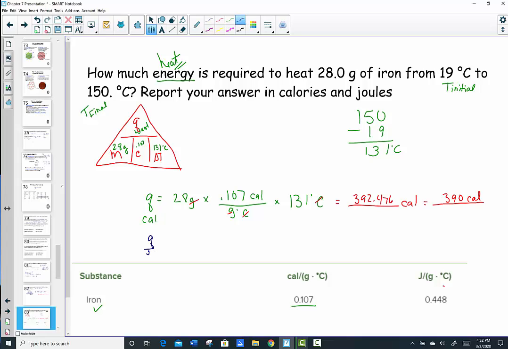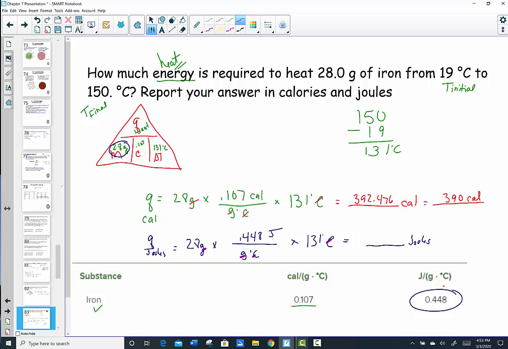Q measured in joules would still have 28 grams, same mass, same temperature change, but what will be different is the specific heat. We have to make sure we grab that in a joule per gram degree Celsius, but the same temperature change. See what we've done? Grams canceled and Celsius cancels, and we're going to end with joules of energy.